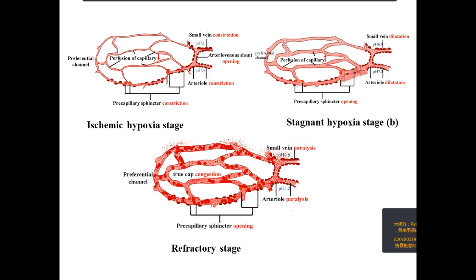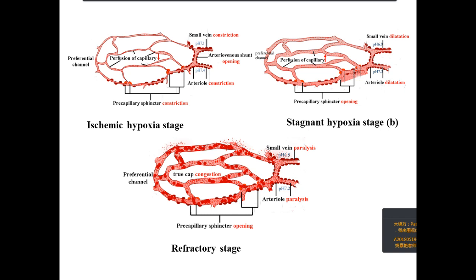What happens? Vasoconstriction. The reactivity of the pre-capillary resistance vessel to catecholamine is greater, so the pre-capillary resistance vessel constricts more. Acting on the beta receptor leads to the arteriovenous shunts opening. It also leads to an increase in other vasoconstriction factors, such as AG2 and TXA2, which also lead to vasoconstriction and ischemia.